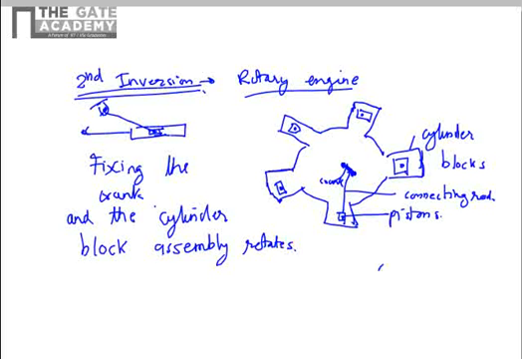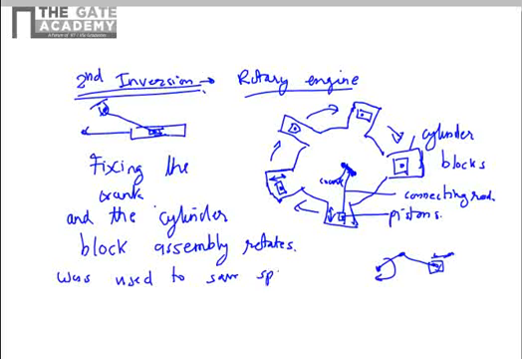So in a normal IC engine, you have the crank rotating and the piston moving up and down. Here also the piston is having translational motion up and down, but here the full cylinder block is rotating at a constant angular speed. This configuration was used to save space in aircraft engines.